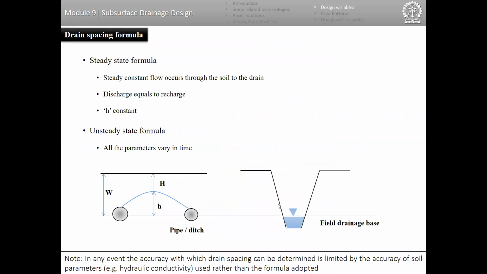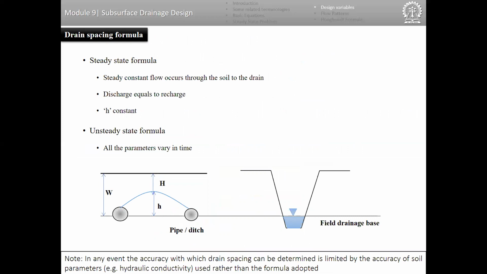The drain spacing formula can be categorized into two ways: steady state formula and unsteady state formula. Steady state means the recharge is equal to discharge. Whatever recharge is happening, that same amount we are taking out as discharge, so the level is being maintained.